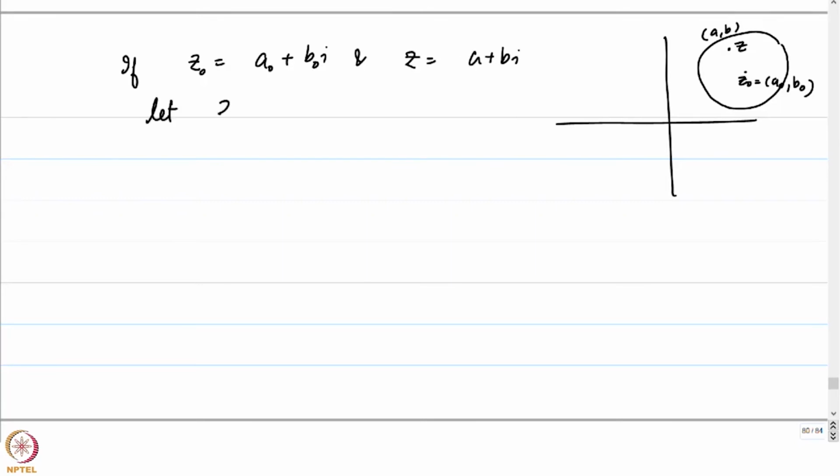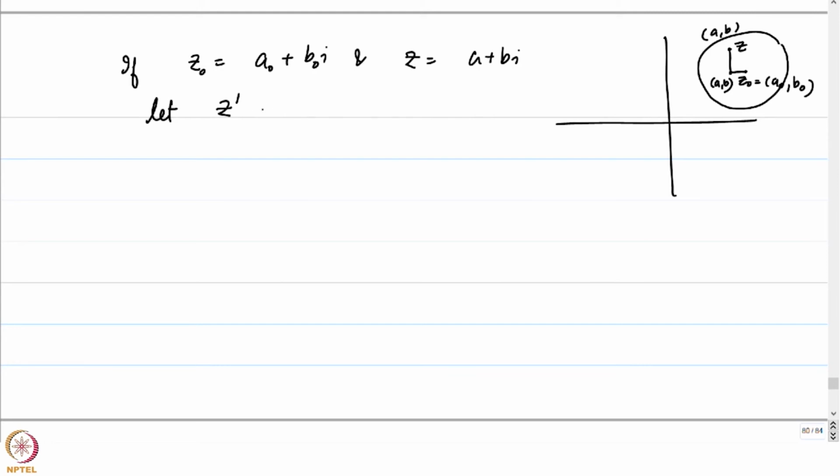Let z prime be this point. In fact, I will not make any complicated path. It's going to be the most straightforward path we can get here, and then going this way, or rather from z0 to z, it will go from (a0, b0) to, if this is (a, b), this will go to (a, b).